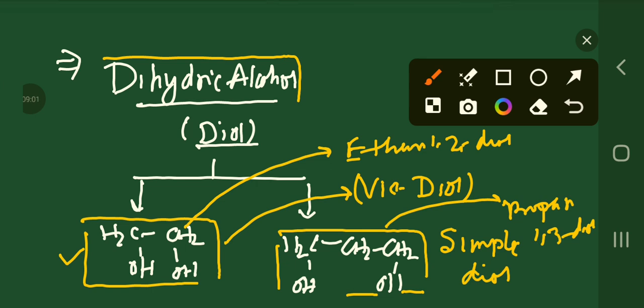Now, if you want to find out the hybridization of the carbon atom which consists of the OH group, you can see that there is a single bond, simply representing sp3 hybrid orbital.